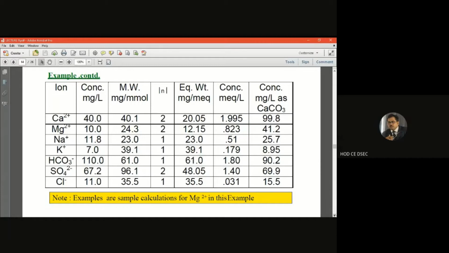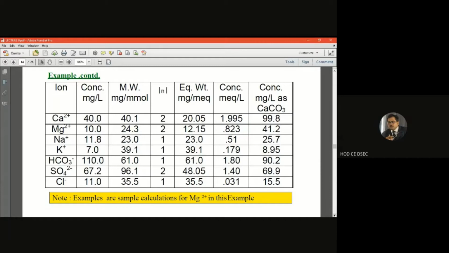Now the third column you have to mark as the molecular weight. That is from the periodic table in chemistry. We know this from school chemistry, and you should keep the molecular weights in memory. As per the periodic table, calcium is 40.1, magnesium is 24.3. If you forget, the decimal part is not essential, so 40 for calcium is enough to consider.